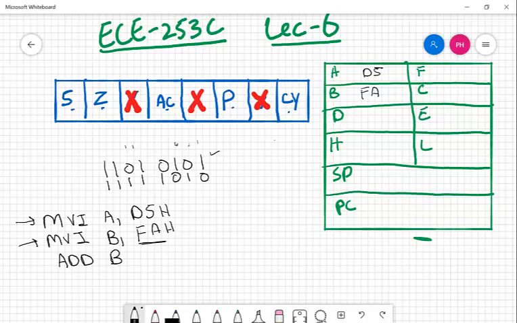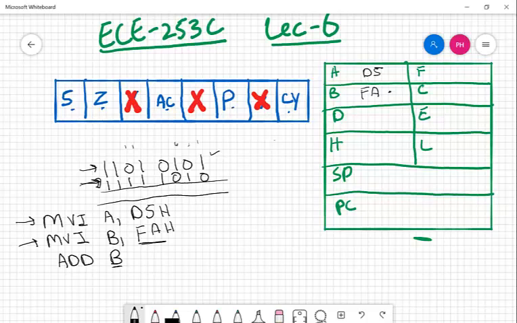What will the third instruction do? It will add the contents of register B, that's FA, to the contents of register A, the accumulator, and store the result in the accumulator. What will we get?